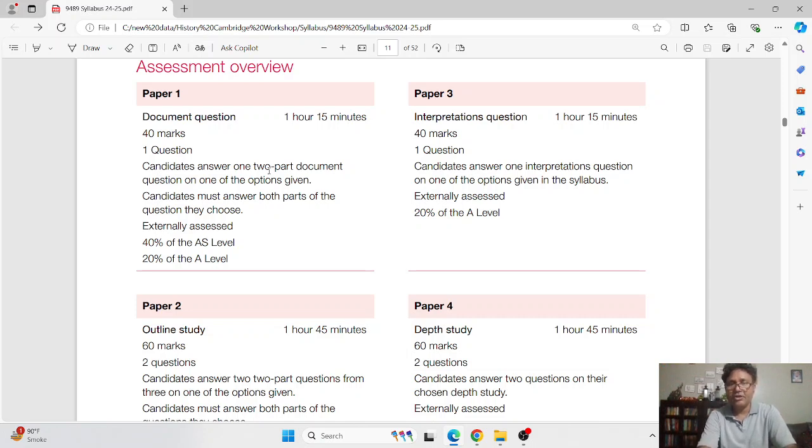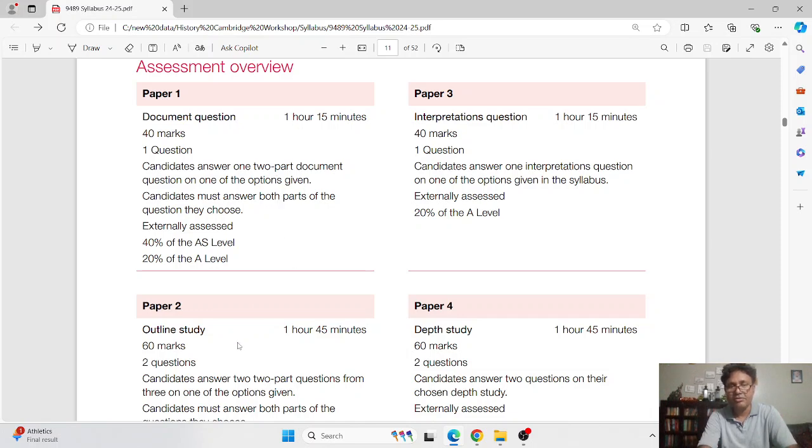This is like a document-based question. The candidate is given different sources, Source A, B, C and so on, and then the candidate is given questions based on those sources. The questions have to be answered. There are two parts in one question, and the candidate is going to attempt it.